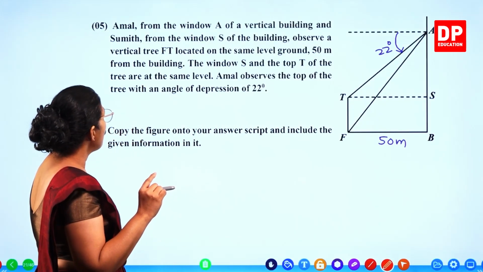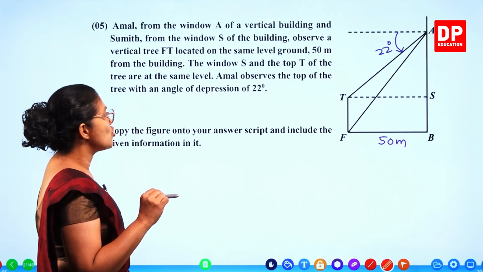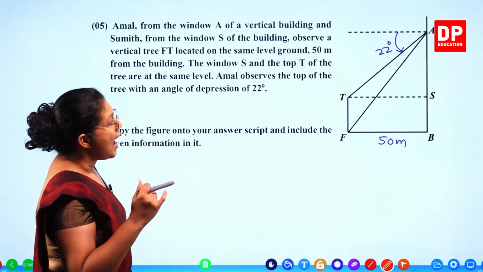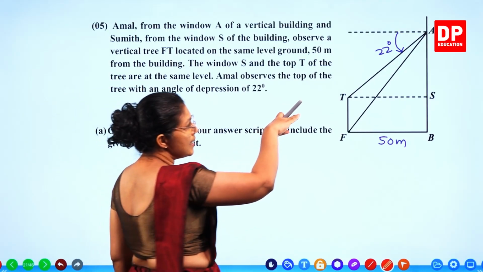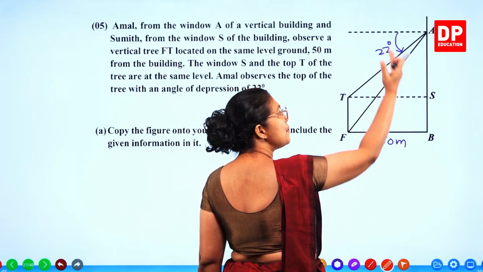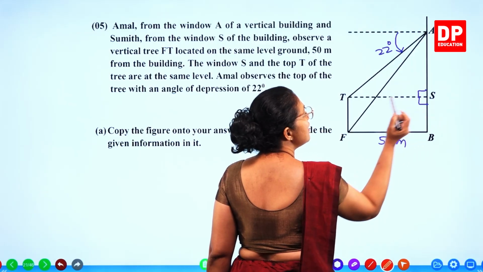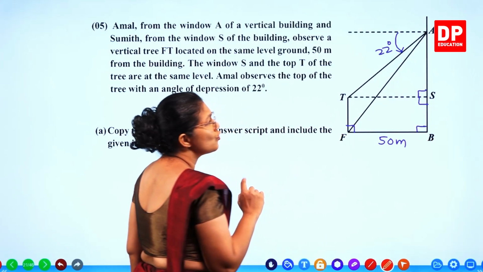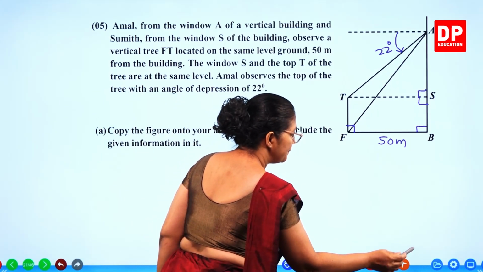And it says copy the figure onto your answer script and include the given information in it. So we can mark just the angle of depression and 50 meters. And what else we can mark? We know that ST is the horizontal line and the building is the vertical line. So these angles are 90 degrees. You have to mark that as well to get full marks here.